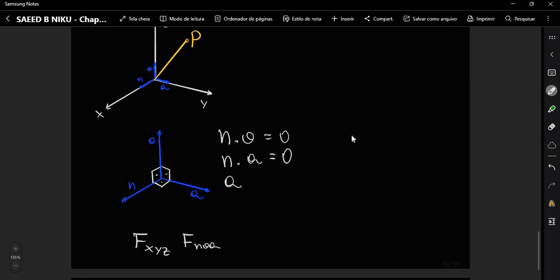We have A perpendicular, scalar product with O is equal to 0, and they are unitary vectors. So the length we can take by calculating its magnitude, and the length of all these vectors is one, unitary vectors.